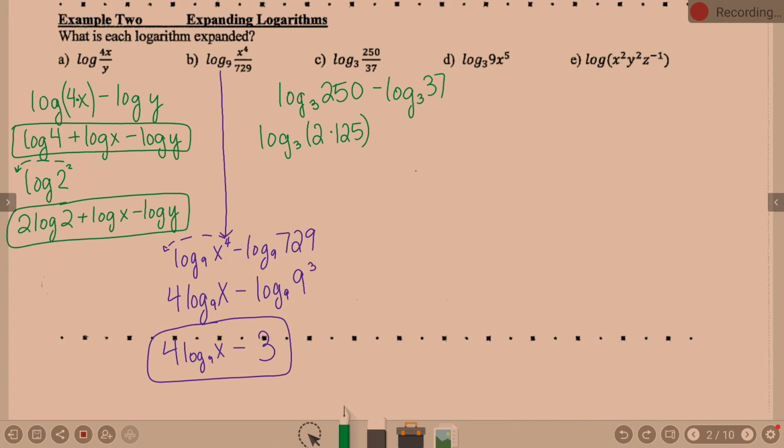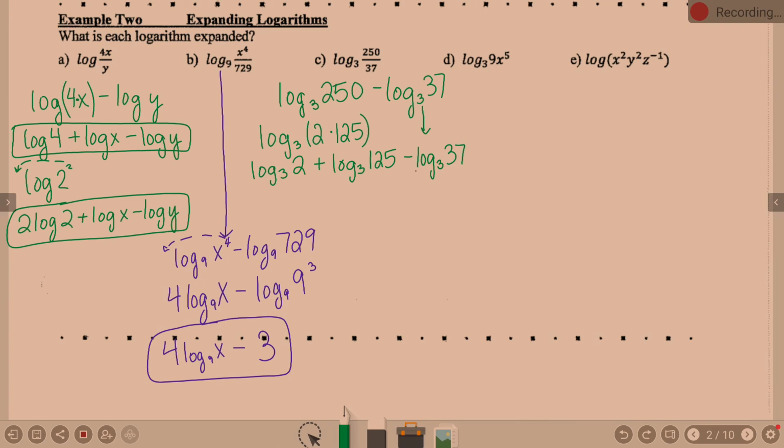So I can rewrite this as log base 3 of 2 plus log base 3 of 125. Now, officially, what do we still have tagging along on this problem? Log base 3 of 37. Don't lose it. Don't forget about it. So easy to do.